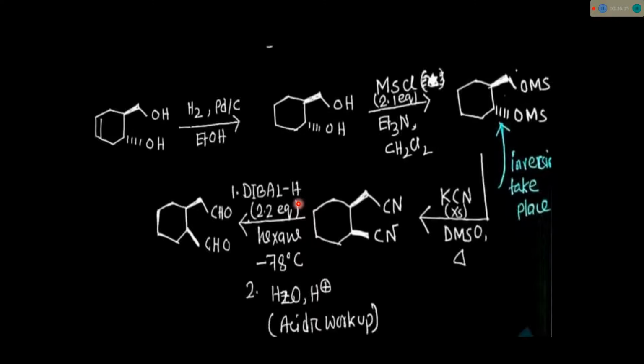DIBAL-H is a reducing agent, and at low temperature, in presence of DIBAL-H, the CN group transforms into an aldehyde group, CHO group.